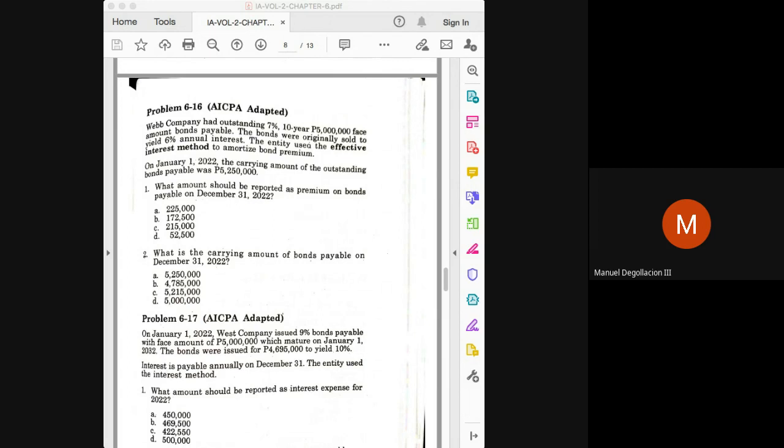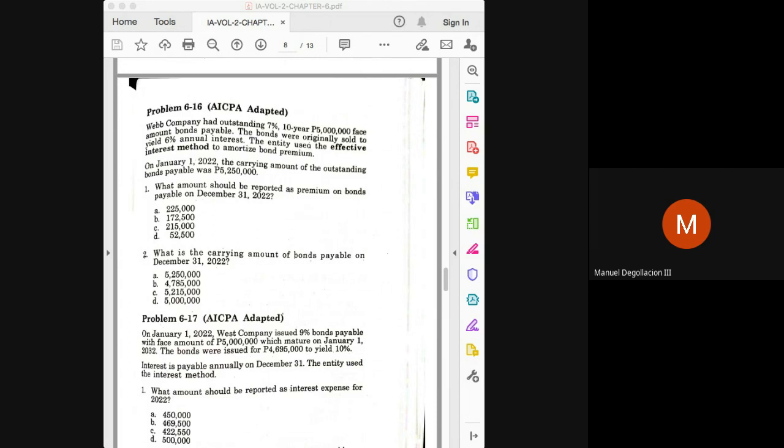But since the bond was issued at a premium, there is technically a gain which we will have to recognize throughout the term of the bond, which will have an effect of reducing the interest expense. So we start with the 350,000 and we offset the amortization of the gain or the premium in the amount of 25,000. You would get 325,000. That is 350 minus 25.